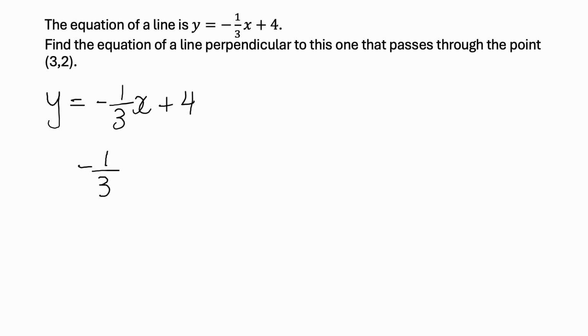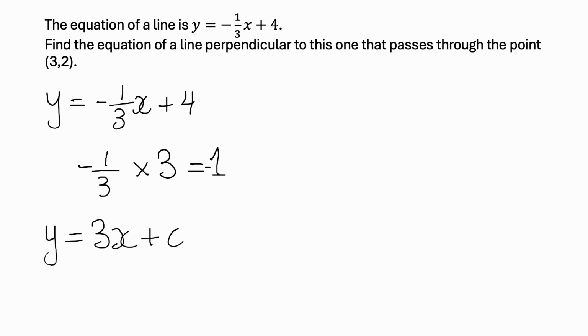The reciprocal of a third is 3, but because both of these numbers have to multiply to make negative 1, that means that the gradient of the other perpendicular line is going to be positive 3, because if you times those two together, you get negative 1. So y is equal to 3x plus c.